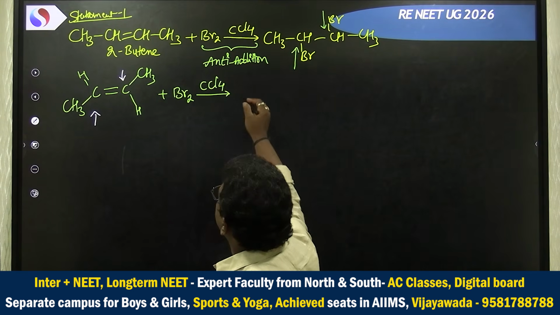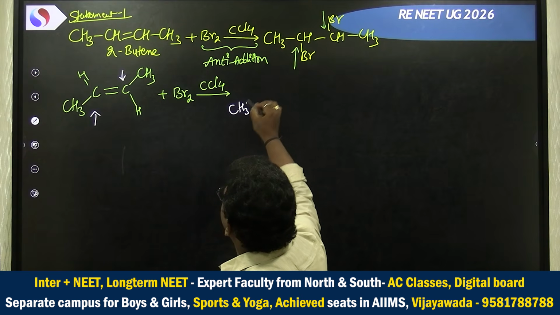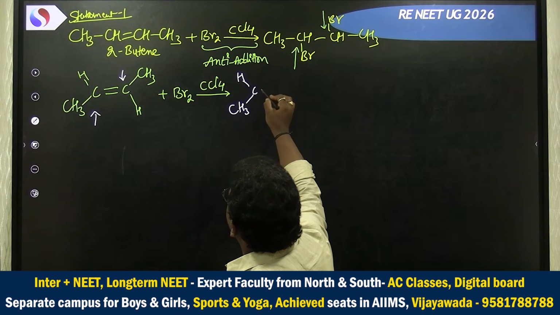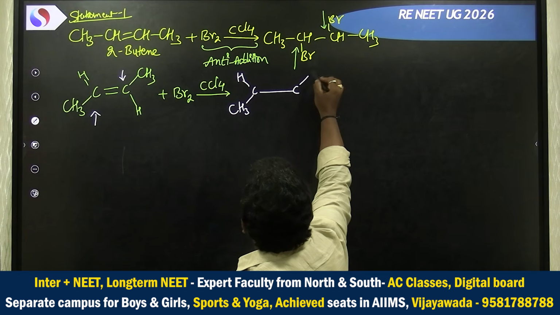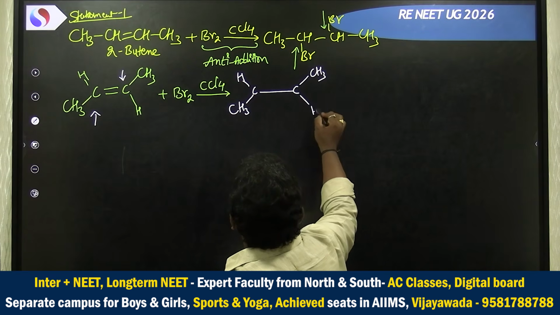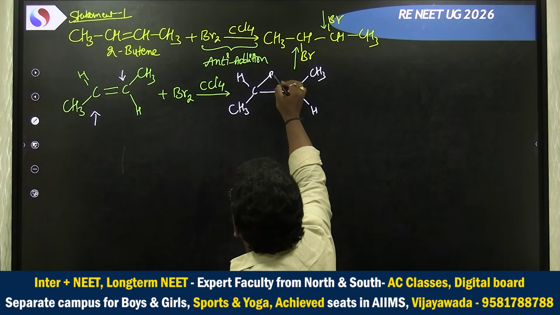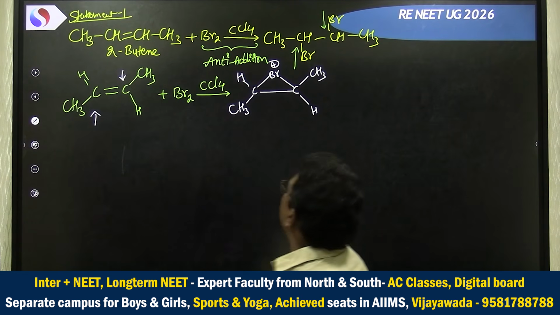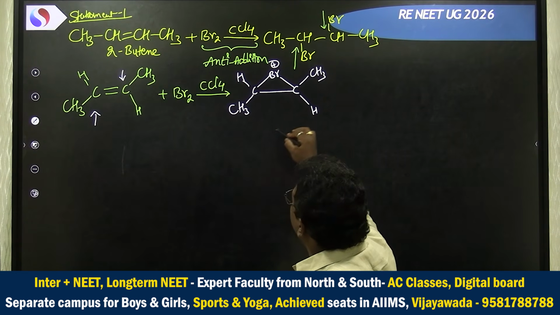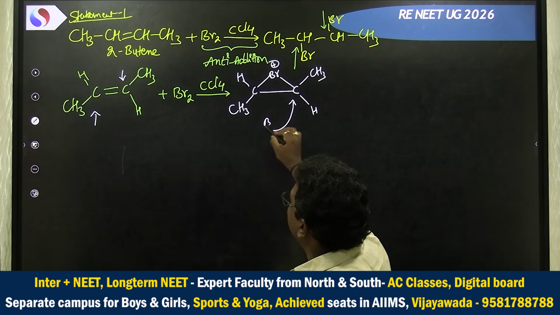First, one bromine attacks, and in that case it forms an intermediate between the two double-bond carbons, this is the bromine, and this is the charge, right? Now in this case, another bromide attacks from the back side.